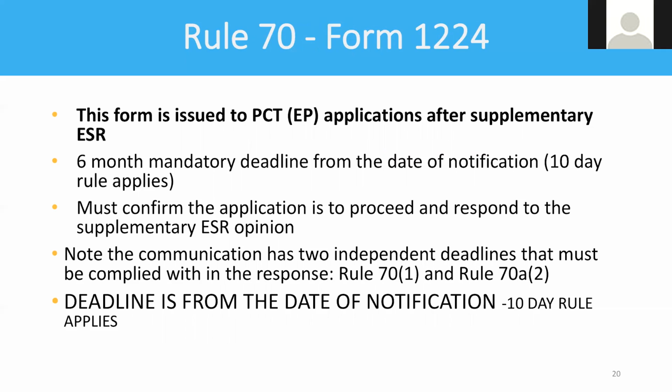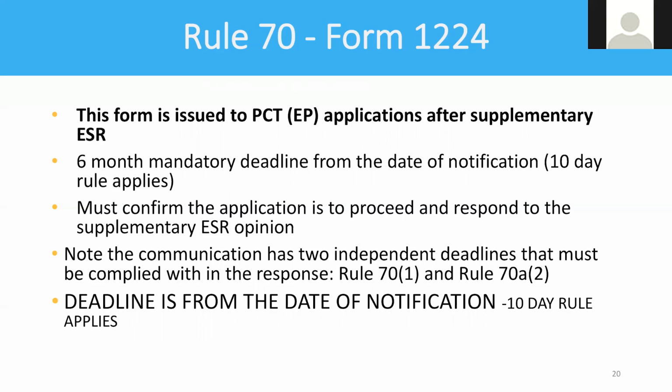Next is Form 1224. This relates to Rule 70. This again is in the context of a PCT national phase application, and this is the version of the form for notification of publication of the search report that's used in the PCT national phase context.